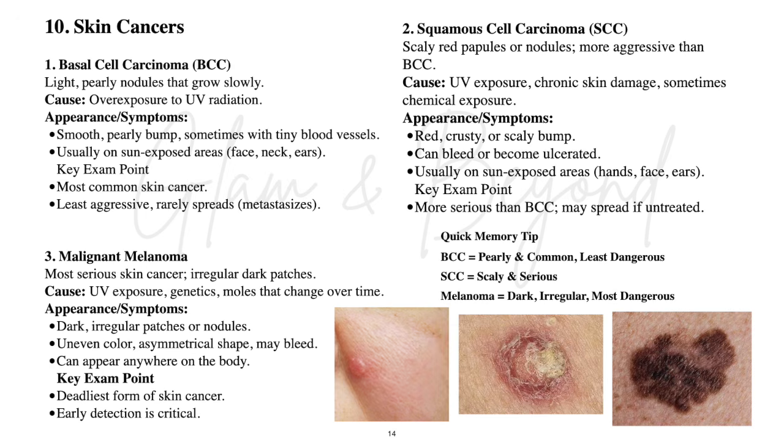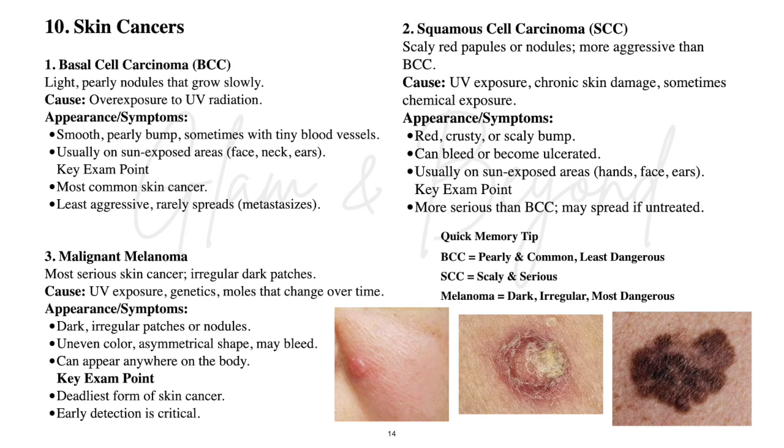Appearance, symptoms, dark irregular patches or nodules, uneven color, asymmetrical shape, may bleed, can appear anywhere on the body. Key exam points for you to remember that once again, it is the deadliest, okay, the most serious form of skin cancer. Early detection is critical.